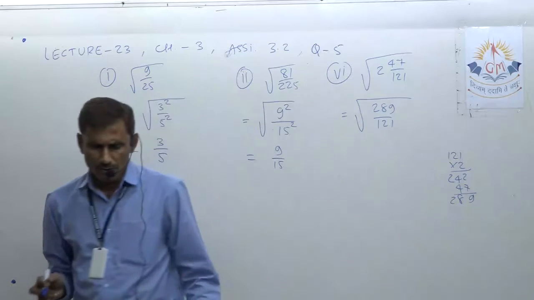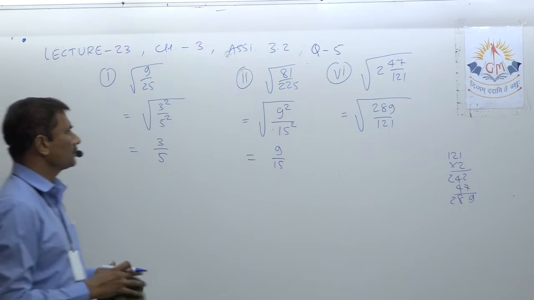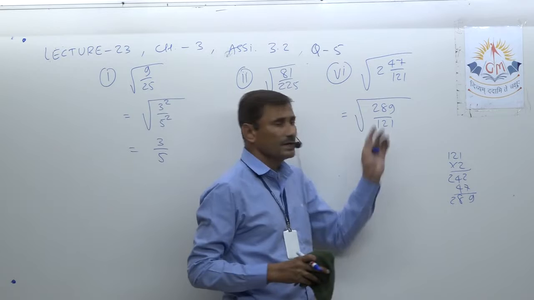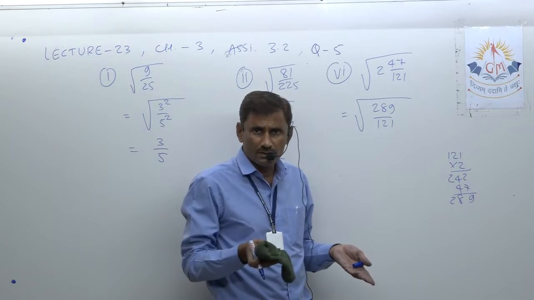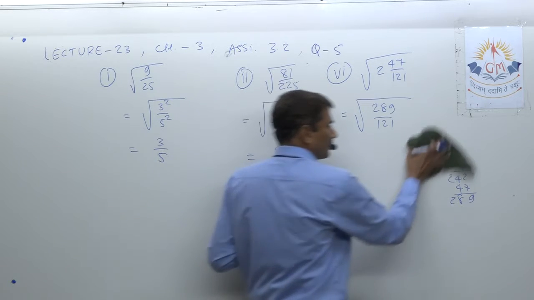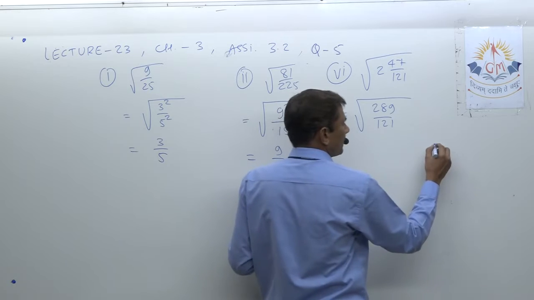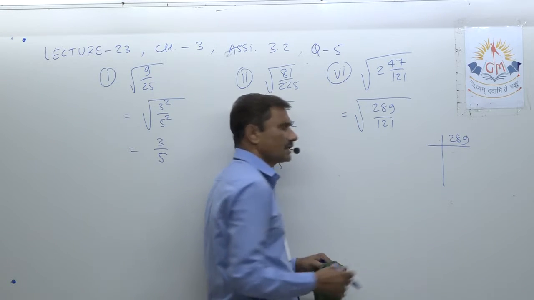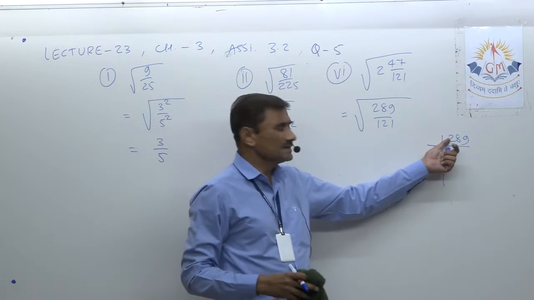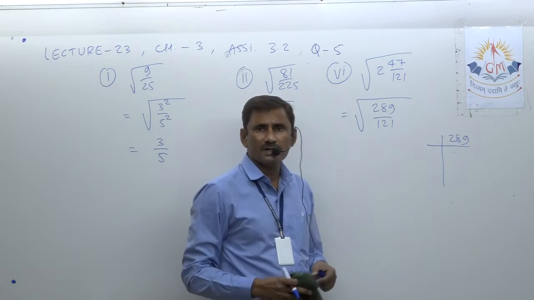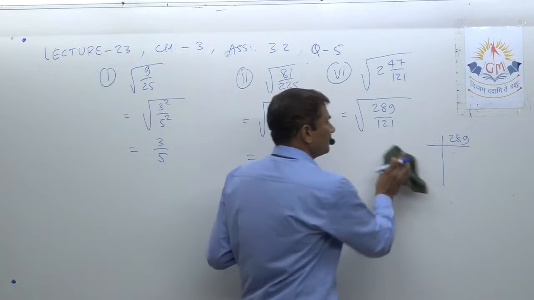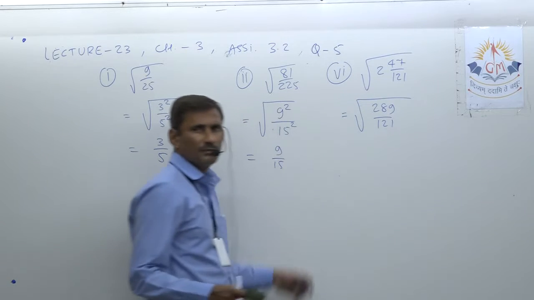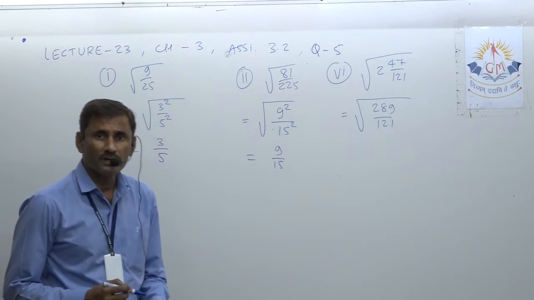Now if you don't know what the square root of 289 is, meaning 289 is the square of what, and 121 is the square of what, then you just do prime factorization here. 289, you just try, but I think it is not easily divisible up to 17. That's it, one way only is left: you just remember the squares from 1 to 25.